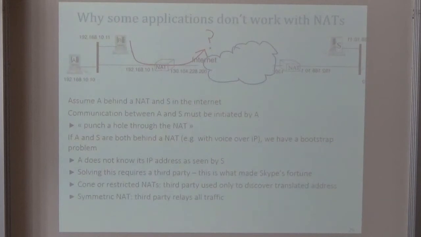You need to map that and a destination port to whatever the NAT would do. So the basic operation of a NAT is you create those entries on the fly, but on the fly works only when the communication is initiated from the private part of the network.